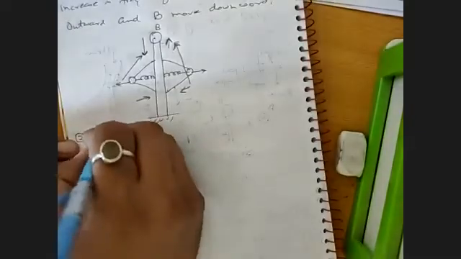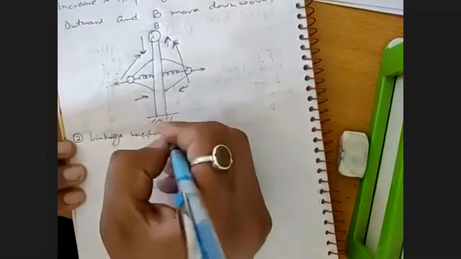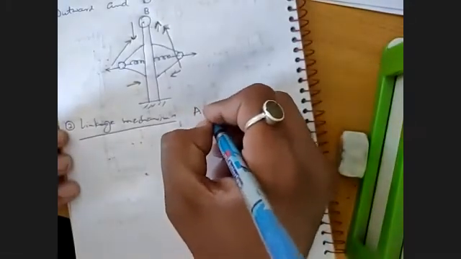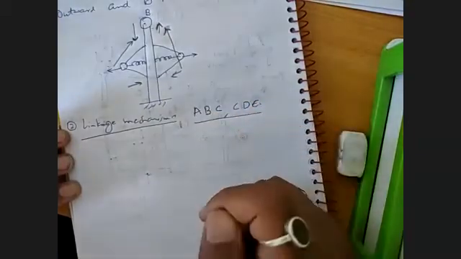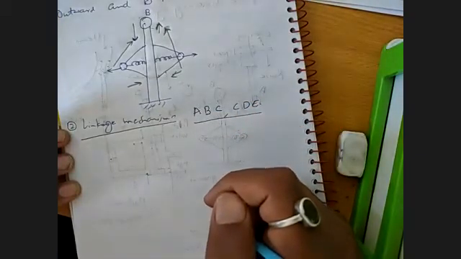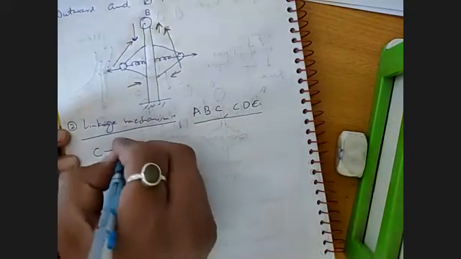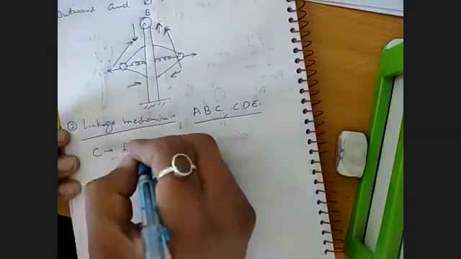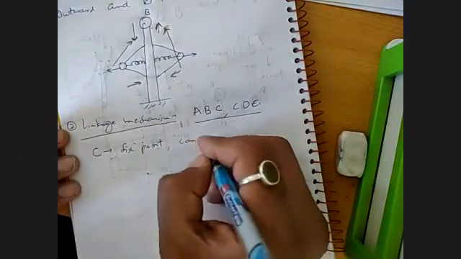Now the second part is the linkage mechanism. The linkage mechanism is A, B, C and C, D, E. This is your linkage mechanism. Out of this, C is a fixed point. C is a fixed point and it cannot move.